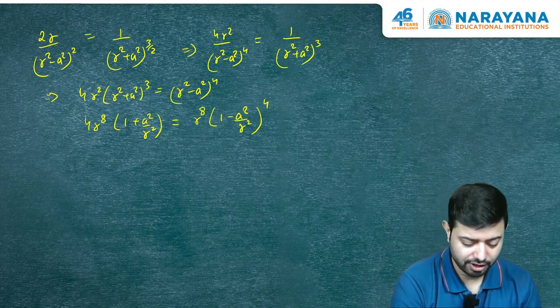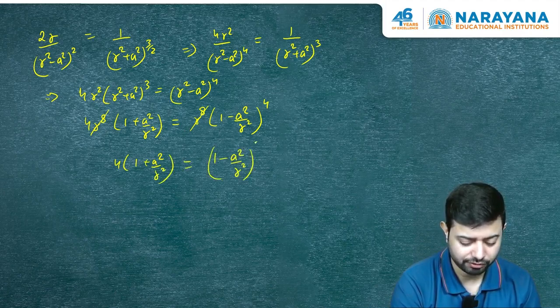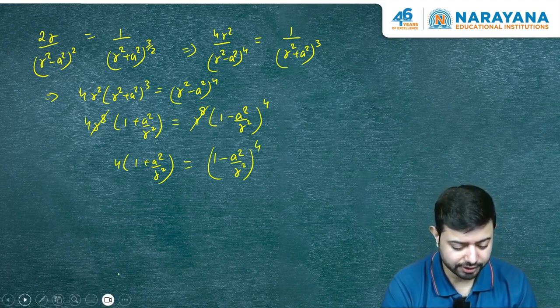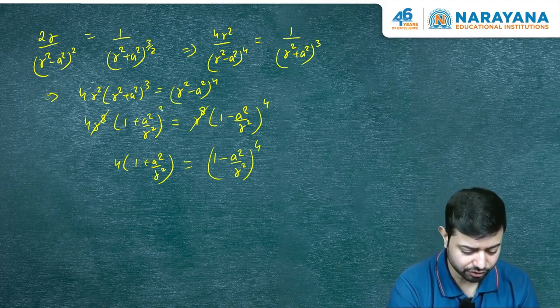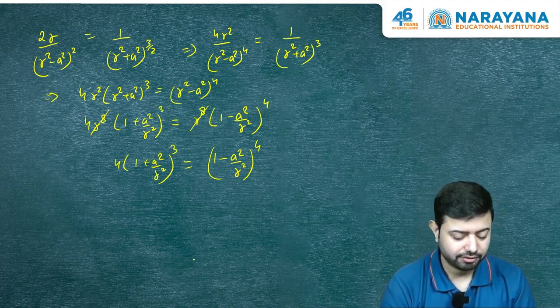Okay. This r power 8 can be cancelled. So, it is something like this, (1 plus a square by r square) cubed into 4 is equal to (1 minus a square by r square) raised to the power 4. All right. So, this is where we are heading towards, right. I think we have missed this q. So, put that one also over here. So, this is the thing we are getting.